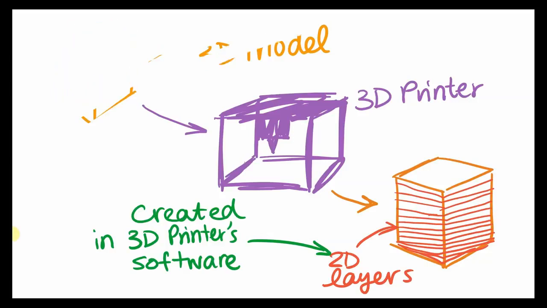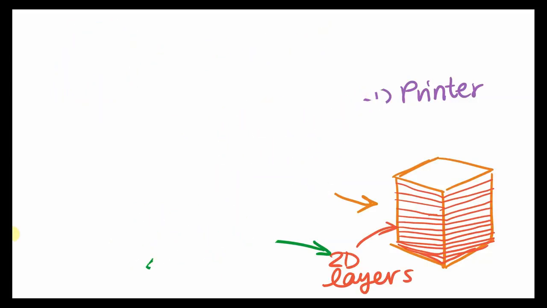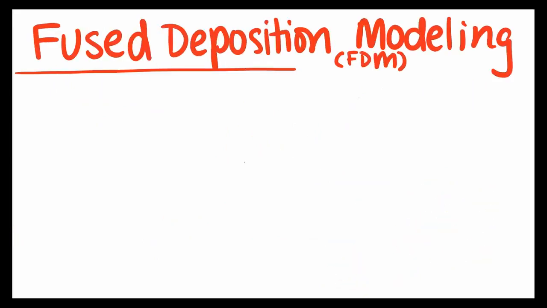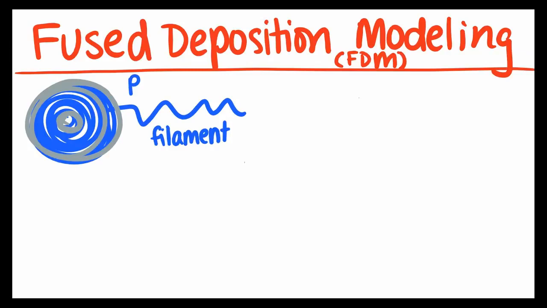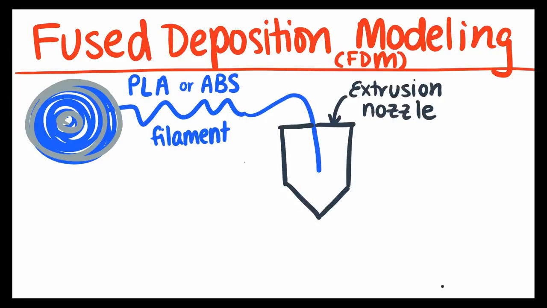Now, let's get into the specifics of the most popular 3D printing method, fused deposition modeling, or FDM. For FDM, you need a thin filament to feed into the machine, typically plastics like PLA or ABS. This filament is fed into an extrusion nozzle, where it's melted for printing.